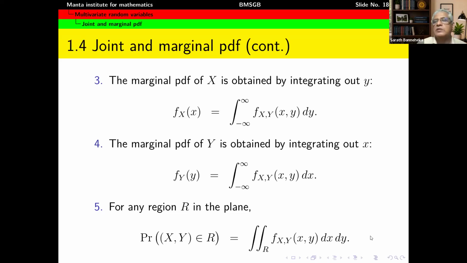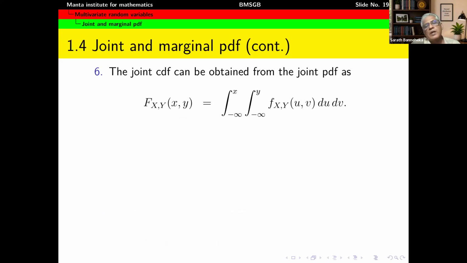So that is the general definition here. But in a practical situation, we have to define the limits of these integrations accordingly, so as to define this set R, right? It doesn't always have to be from minus infinity to plus infinity. It has to be over that particular region R only.